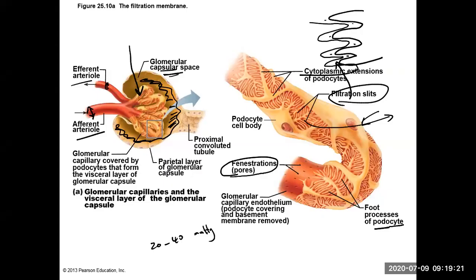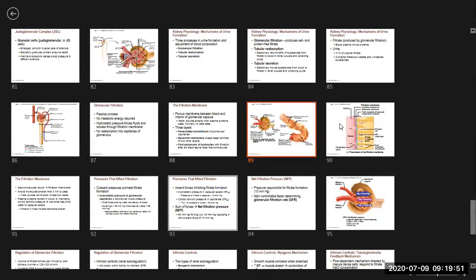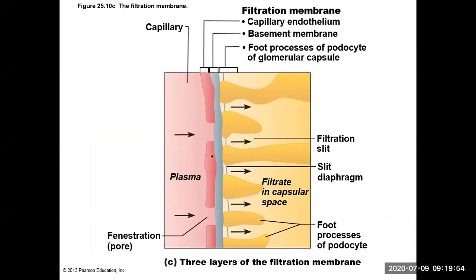So this is called filtration. Filtration is based on size. A majority of the things that are too large to pass can't, and they stay within the blood. The small things, ions, water, and things like that, go into the filtrate and move toward the proximal convoluted tubule, the PCT, that we discussed. Here it is showing the fenestration from the glomerulus.